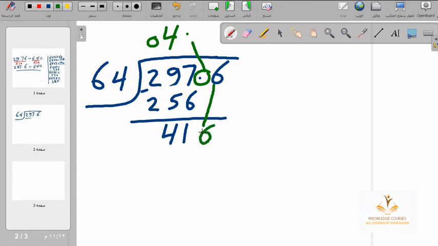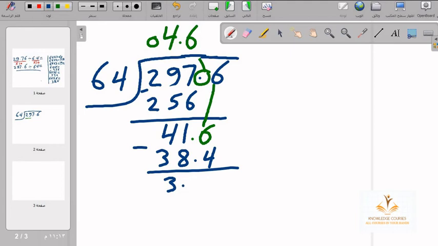So put 6 in it. 416 divide 64 is equal to 6. 6 multiply 64 equals 384. Subtract that, equal to 32.